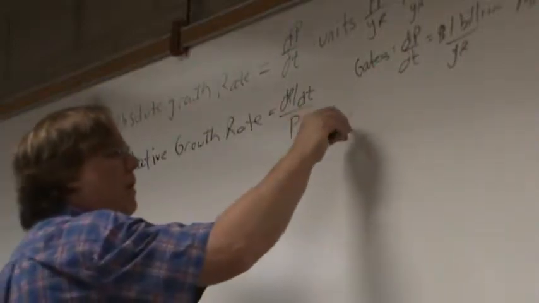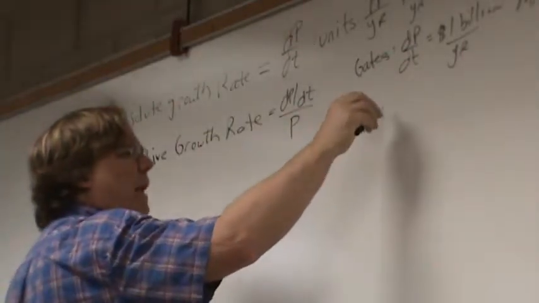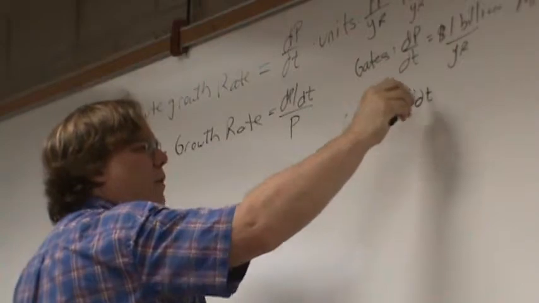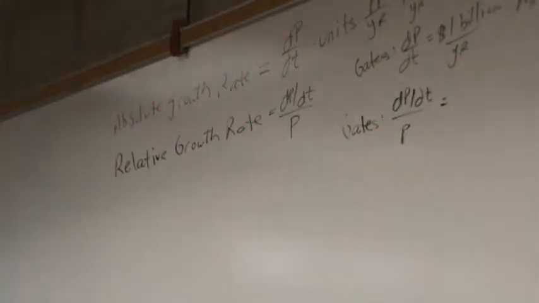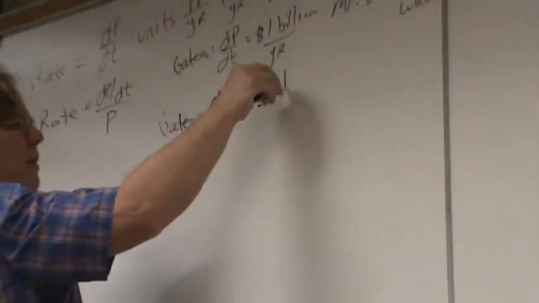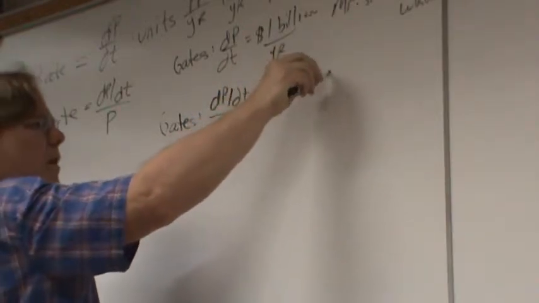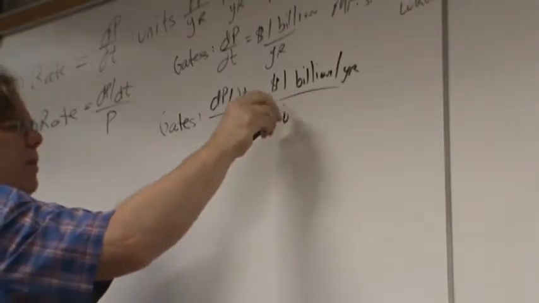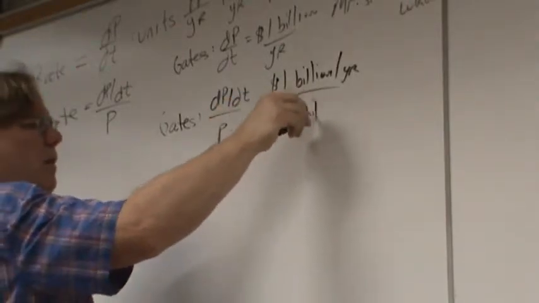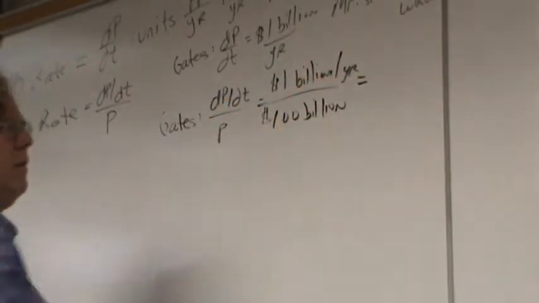So now, let's look at Bill Gates for his relative growth rate. He earned $1 billion in a year. $1 billion per year, but he started with $100 billion, right?